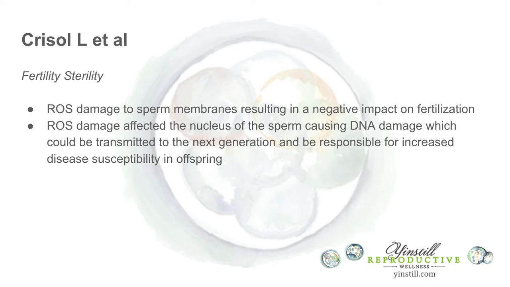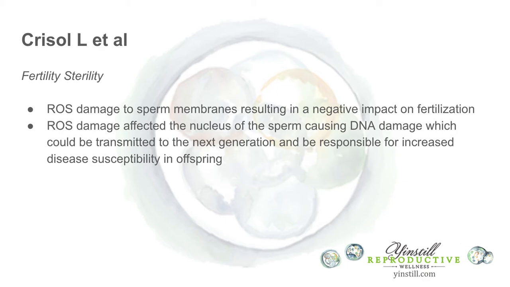That's important. It's worth repeating: reactive oxygen species affected the nucleus of the cell, which caused DNA damage, which could be transmitted to the next generation and responsible for disease susceptibility in the children.